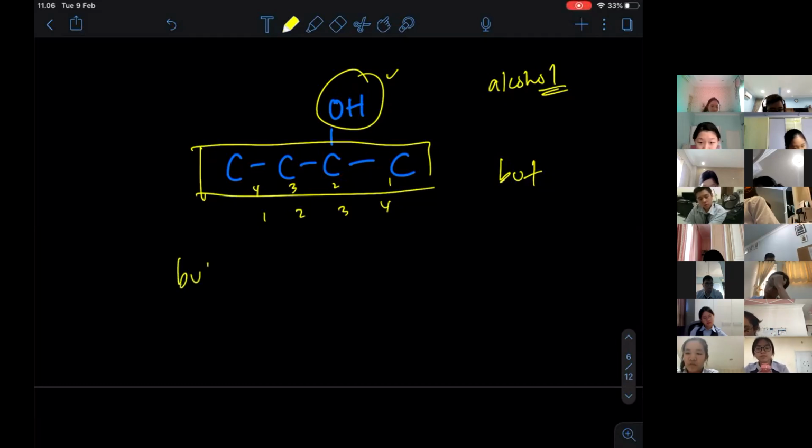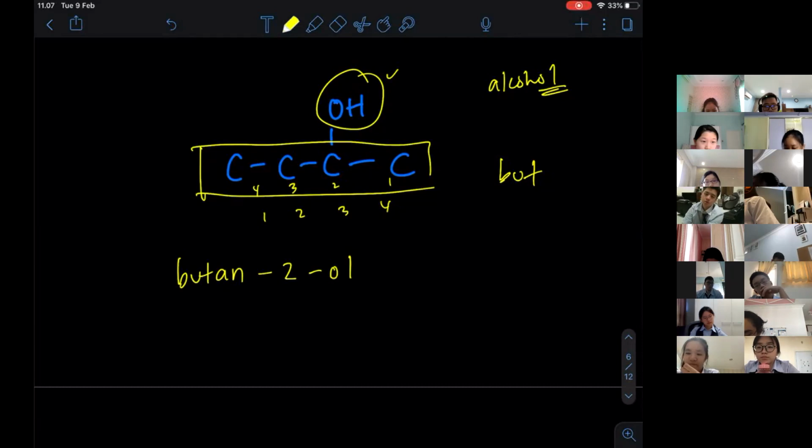So this is butanol, but I need to name butan, and then at position number 2, you put 2 and then ol. So it's basically a butanol, but it's a different kind of butanol, because I'm telling it very clearly that the alcohol group is at position number 2.